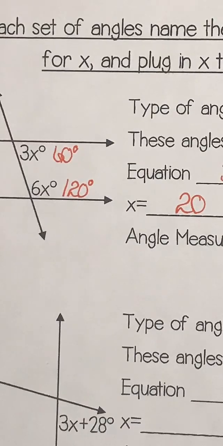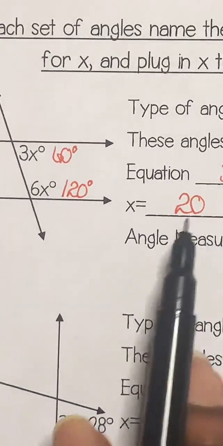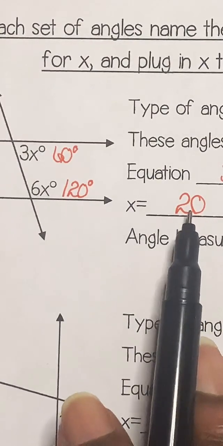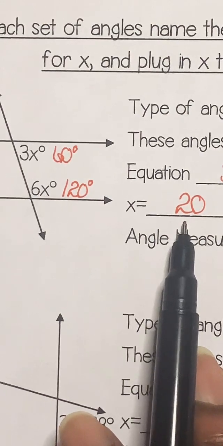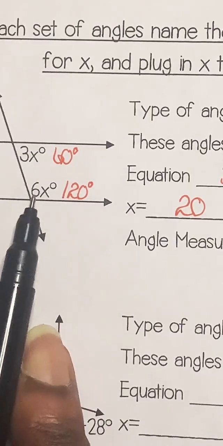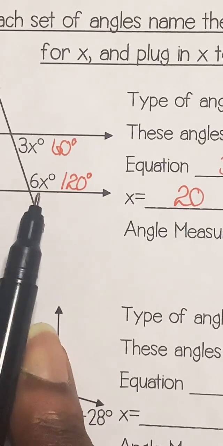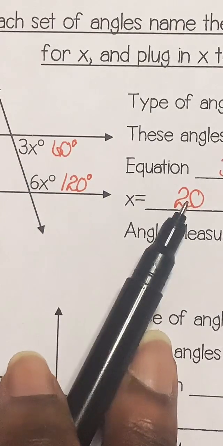Sometimes, especially when you take any of these standardized tests, you're going to be solving for x, and you're thinking, all right, boom, I got the answer. And they sure as heck will have 20 as one of the answer choices. But if the final question asks what's the measure of, say, angle 4, you will get points off because you gave them what x is.